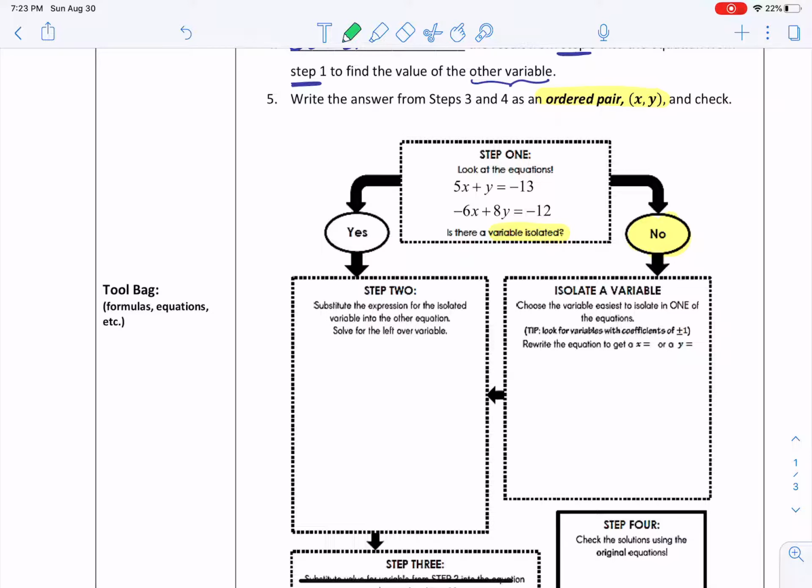In this case, it looks like it would be this equation because the y is by itself. So I can take the equation 5x plus y equals negative 13. I can subtract 5x from both sides, and I get y equals negative 5x minus 13.